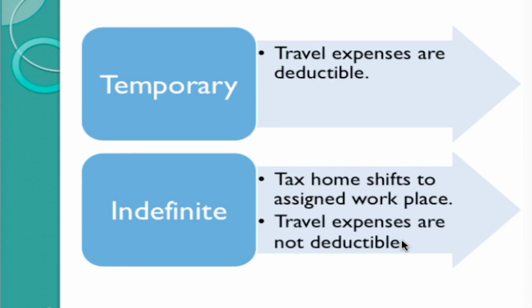Again, like we said, travel expenses that are temporary are deductible, but if it's an indefinite situation, then the IRS considers that your home now becomes wherever your workplace is, and travel expenses are no longer deductible.